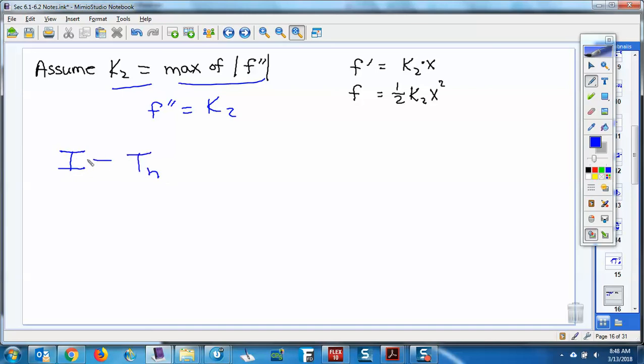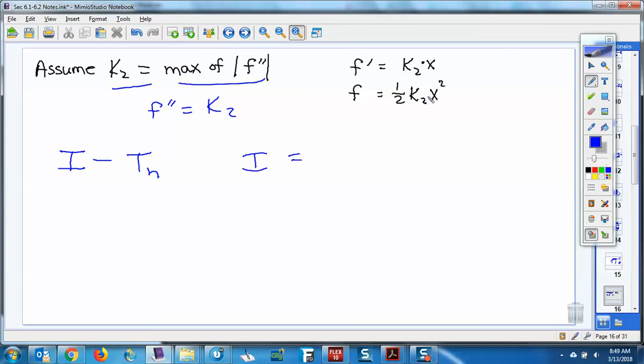So what I need to do is find how much area is under this one, and find how much area is under this one, and then subtract.